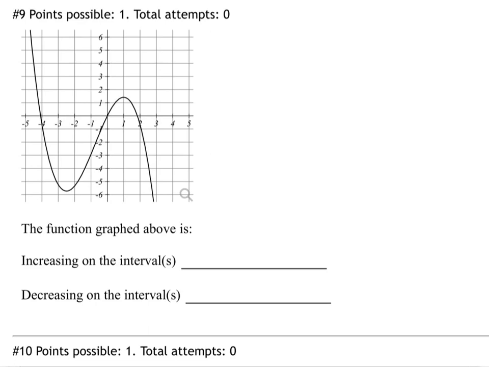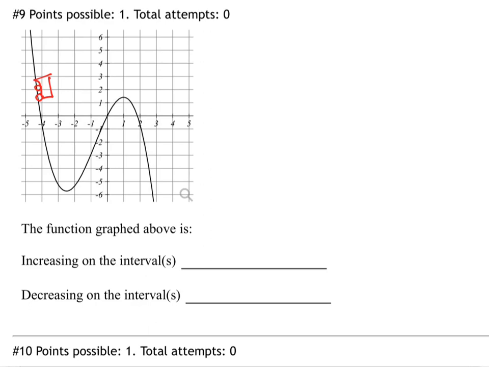Another graph, number 9. Now they're asking us what intervals is this graph increasing and decreasing on? If you're riding this roller coaster, I'm going to try my best to, there we go. Mr. Heron's artistic skills coming out again. All right, I'm riding that roller coaster. In what sections am I going down, decreasing, and what sections am I going up?